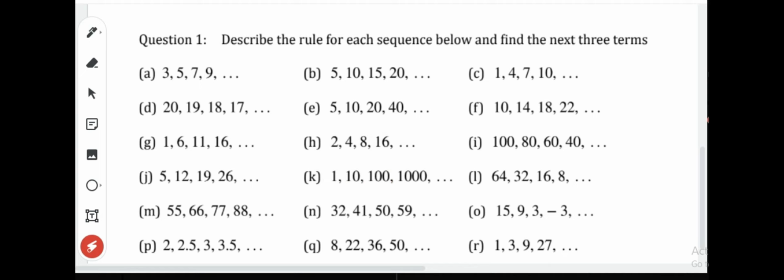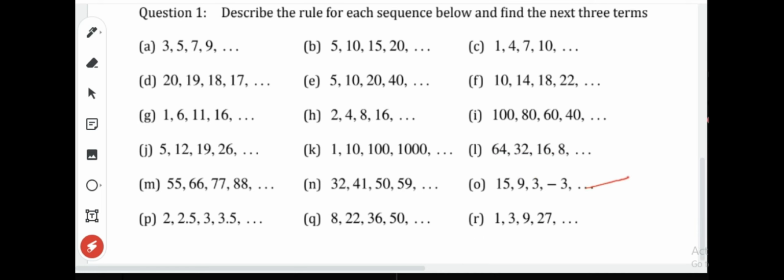There's a way we can always figure out the pattern. This is 15, 9, 3, minus 3. To find the common difference, you do second minus first, or third minus second, or fourth minus third. So let's find the common difference here, just as a guide.